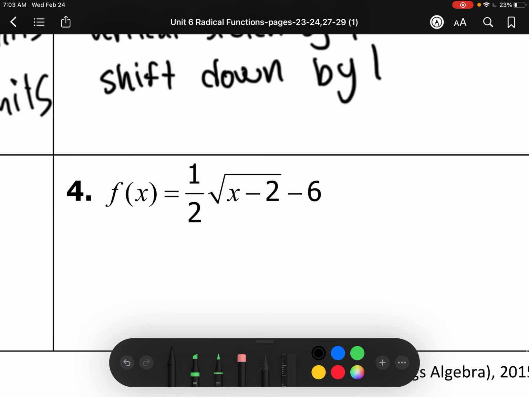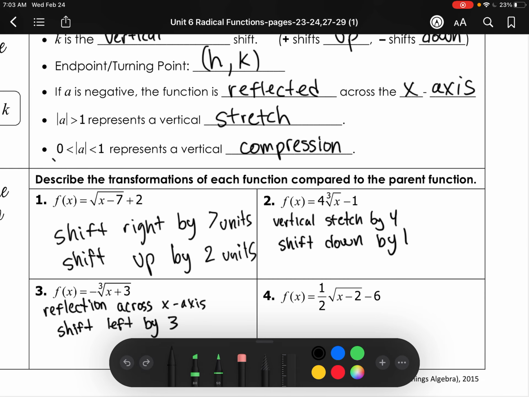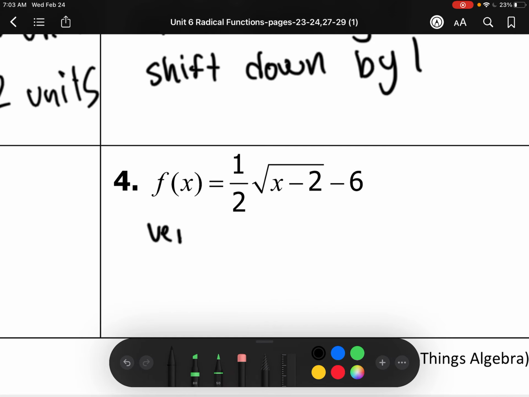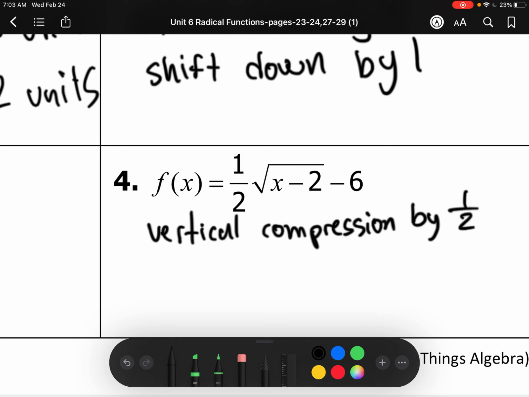Next we have f of x is equal to 1/2 square root of x minus 2 minus 6. So this one has everything, right? Except for the reflection. So this represents a vertical compression, right? So if a is greater than 0 but less than 1, it's a vertical compression. So we have a vertical compression by 1/2.